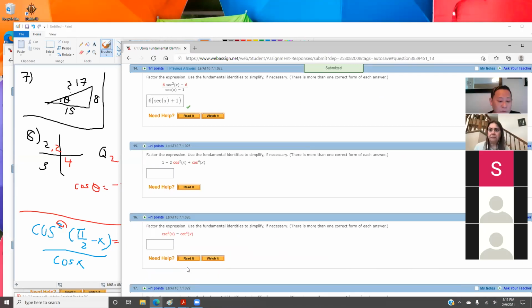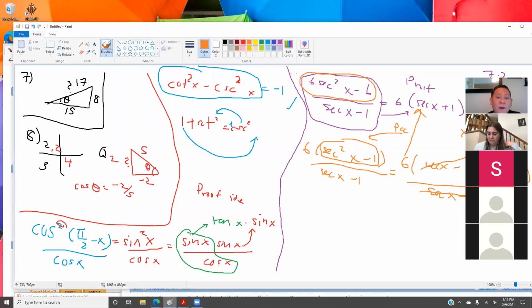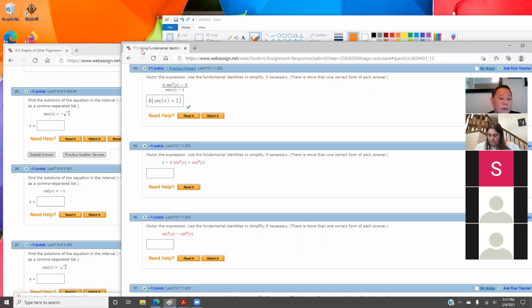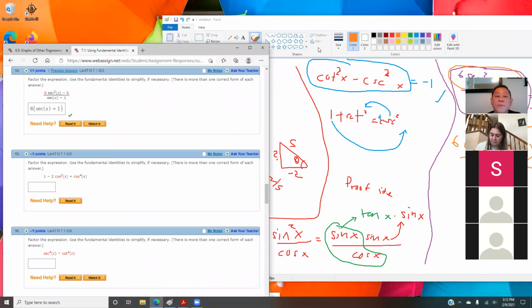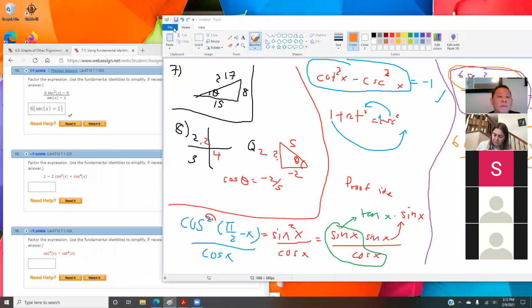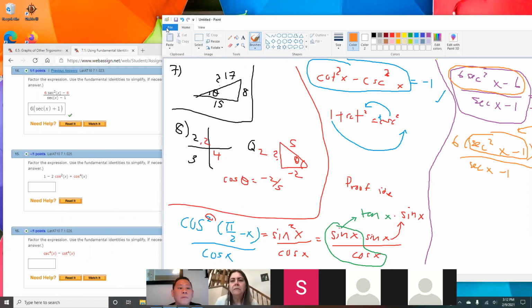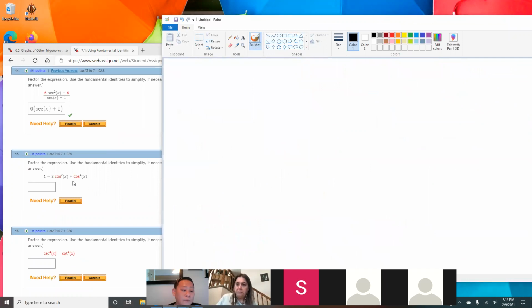Anyone know how to factor the next one? This is all factoring, so that's why the next one, number 15. Anyone? In order to factor, you always put the highest power first.